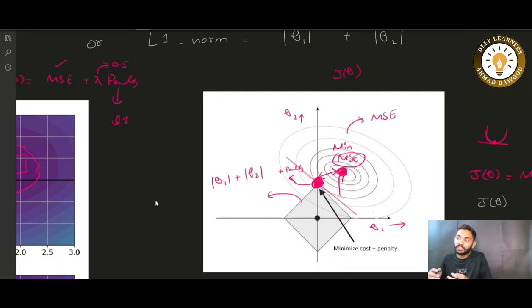Now you have seen that along the way you are minimizing your error, you are also trying to minimize your parameter values.